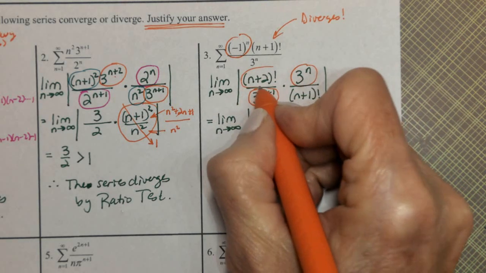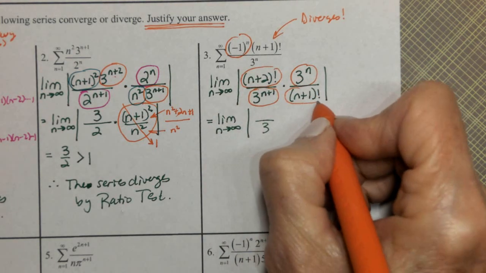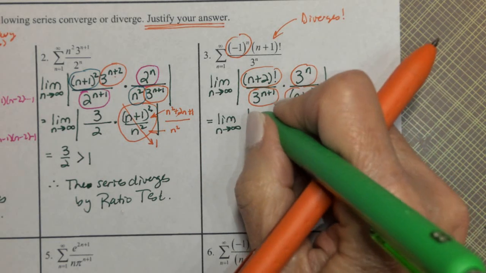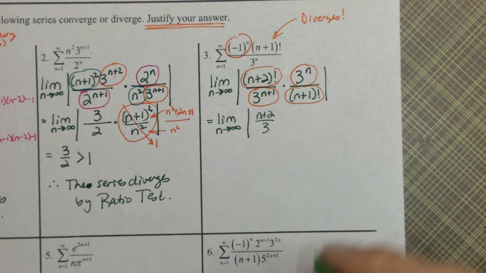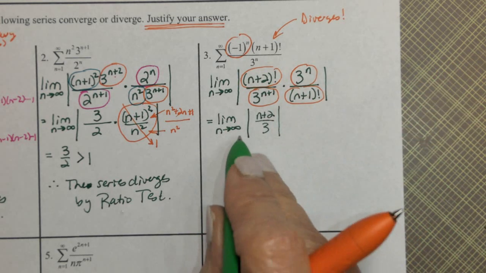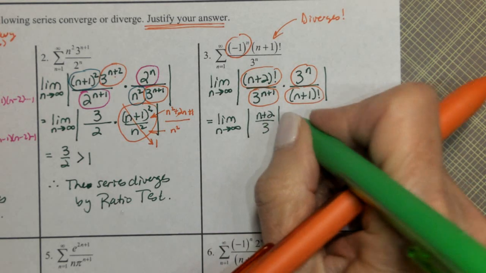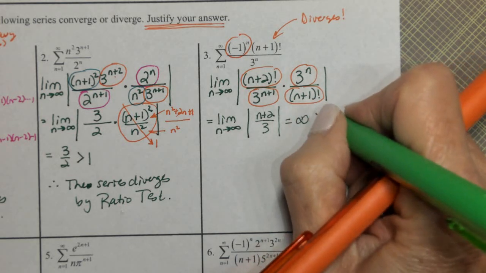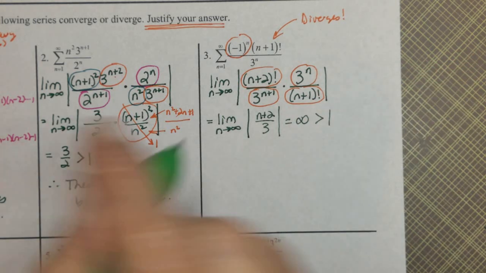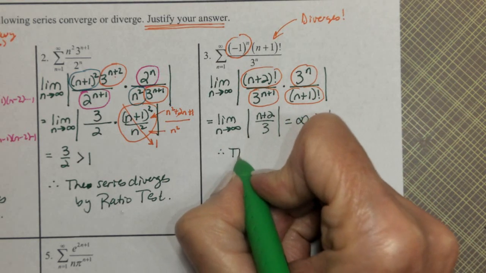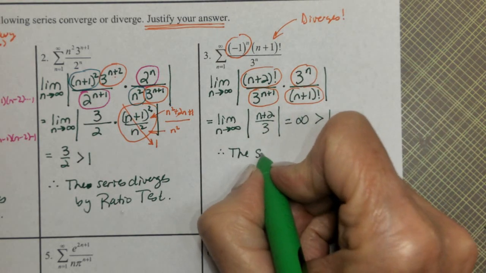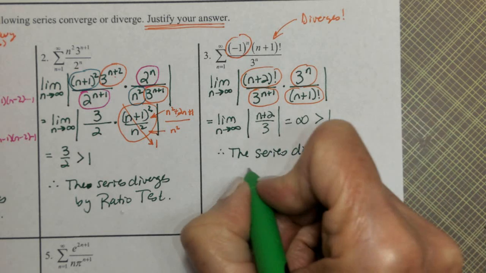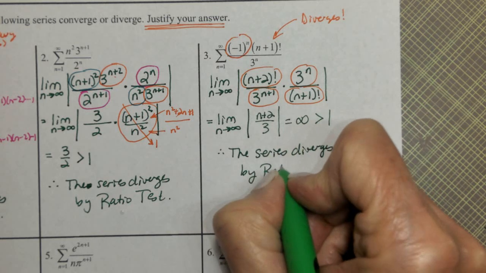The factorials reduce to an n plus 2 on top. Everything else will cancel out. Now let n go to infinity. This limit is going to infinity, which is bigger than 1 by a little bit. Therefore, the series diverges as we knew it would. And it diverges by ratio test.